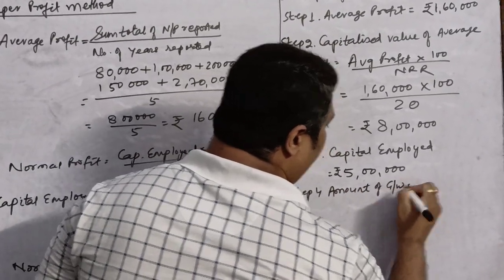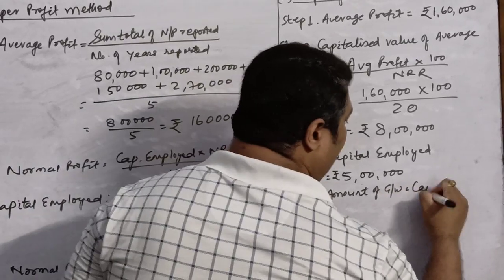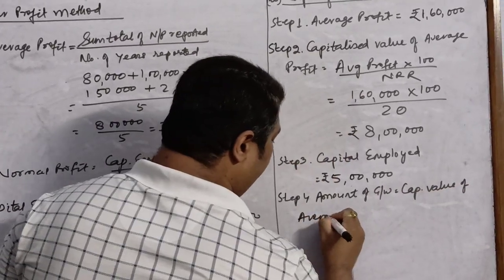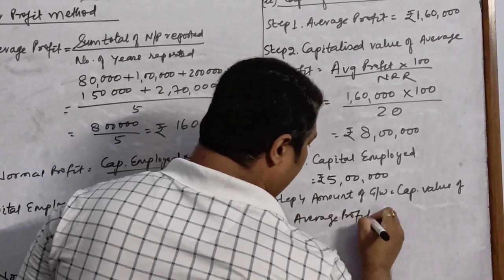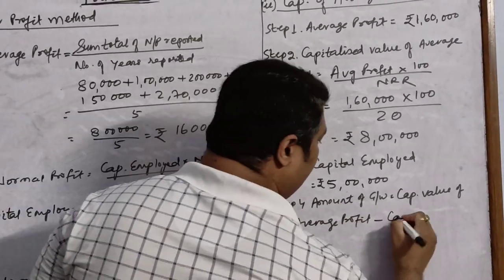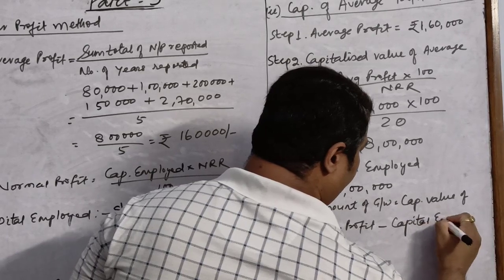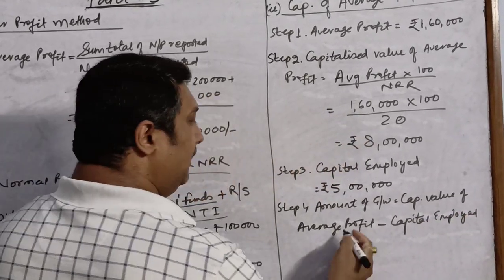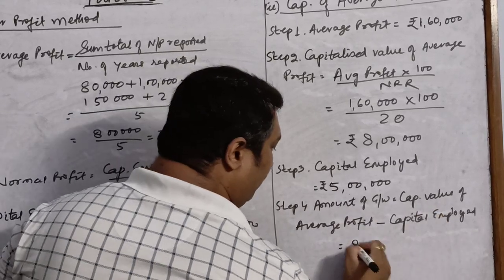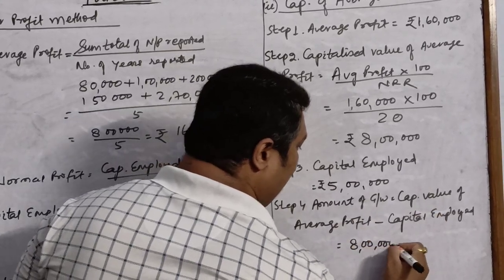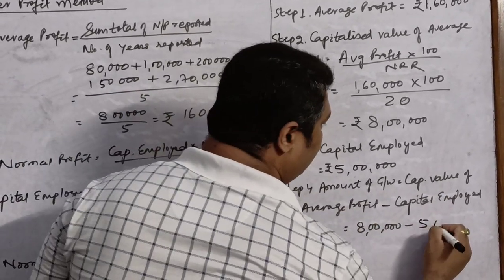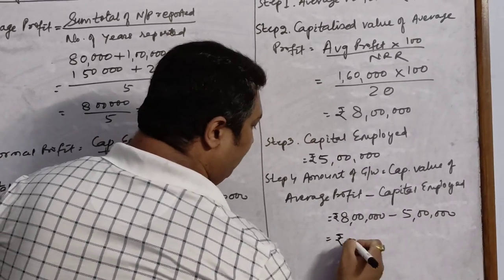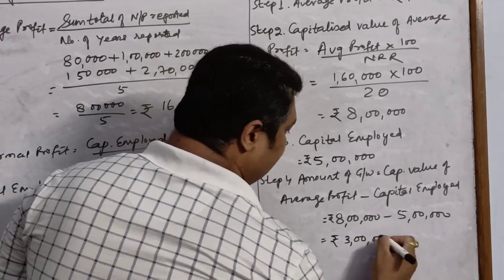Amount of goodwill is equal to capitalized value of average profit minus capital employed. Now if you see over here, the capitalized value of average profit was rupees 8 lakhs and the capital employed is rupees 5 lakhs. So your amount of goodwill will be rupees 3 lakhs.